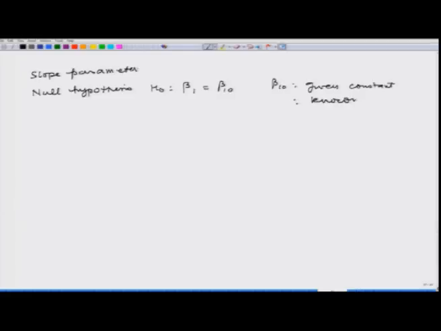Right. So, first of all, I consider the case of the slope parameter. My null hypothesis is H naught: beta 1 is equal to beta 1 0. This beta 1 0 is some given constant, and this is assumed to be known.